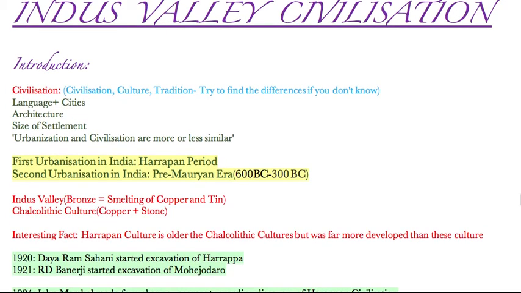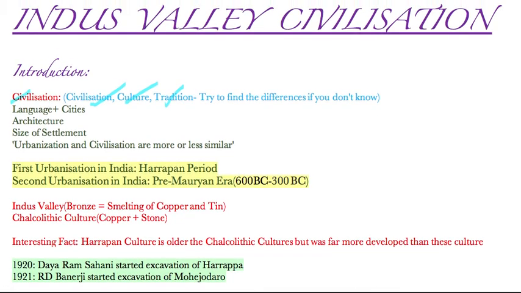See, if you don't know what civilization is, what culture is, what tradition is, then I would suggest you try to find out. But I will tell you what we mean by civilization, why we don't call the Chalcolithic a civilization but call it a culture, and why we talk about the Indus Valley civilization, the Egyptian civilization or the Sumerian civilization.